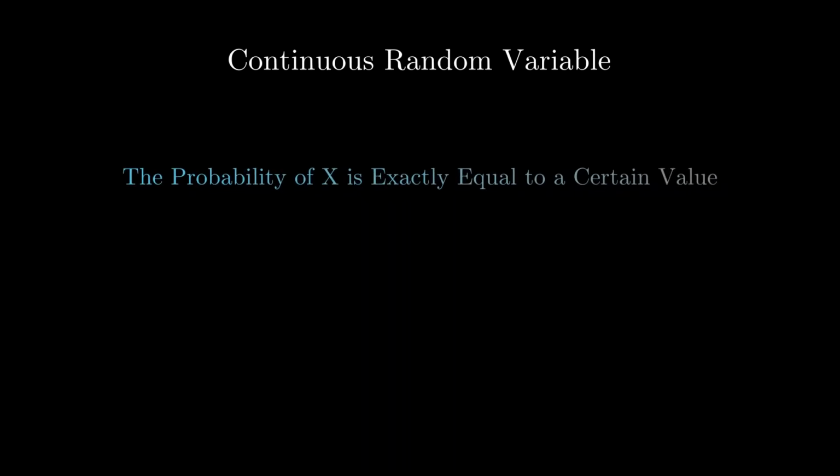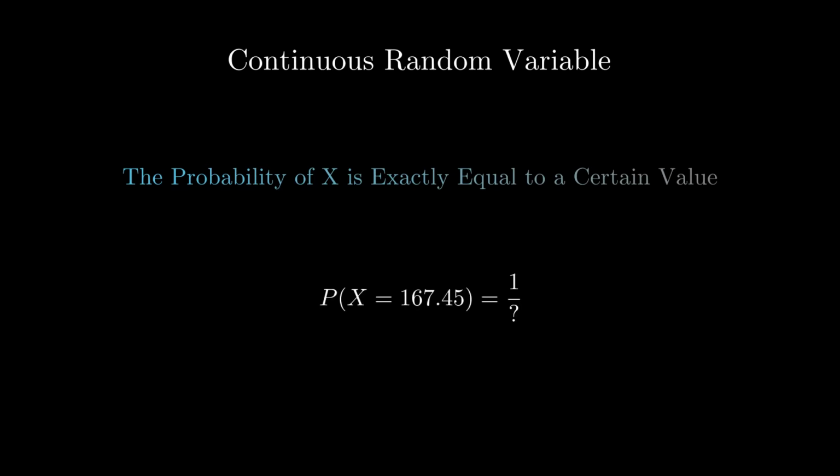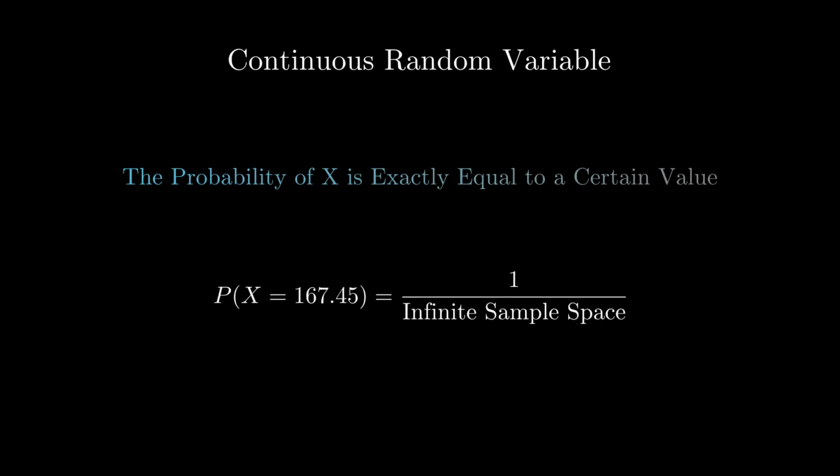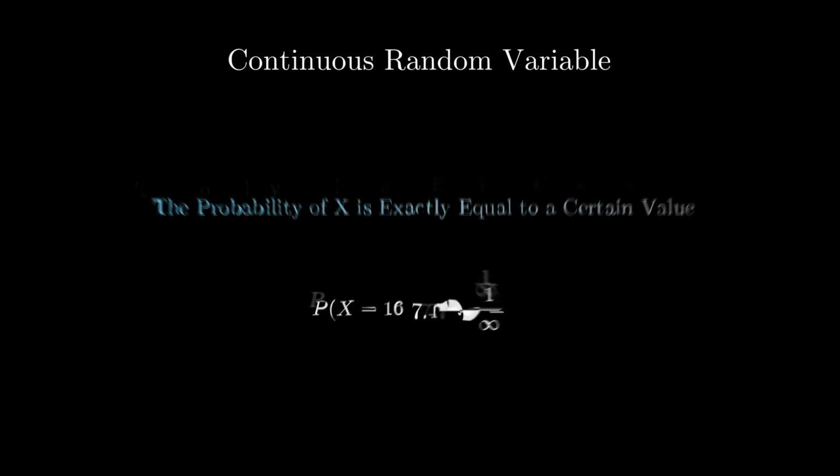Now suppose we want to find out the probability that a continuous random variable is exactly equal to something. What we do is divide the frequency of that something over the possible outcomes. Since all values of a continuous random variable are unique, the frequency count of something is just equal to 1 and we divide it by the elements of an infinite sample space. 1 over infinity is equal to 0.